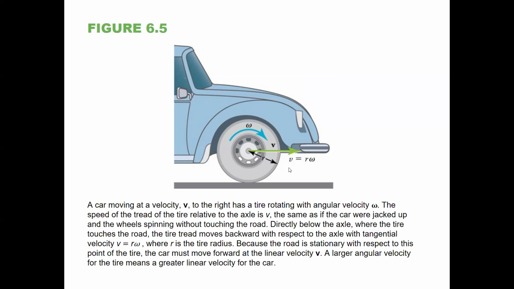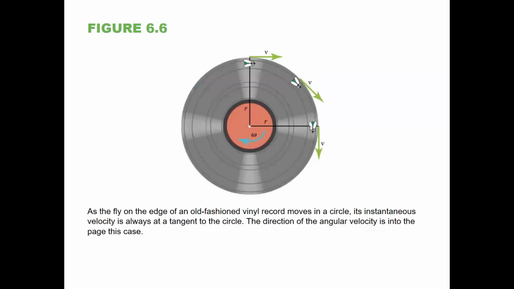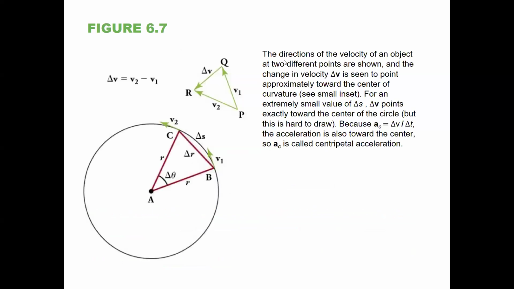We divide the velocity by the radius, and that will give us the actual angular velocity. If we examine here, the direction of the velocity of an object at two different points is shown.